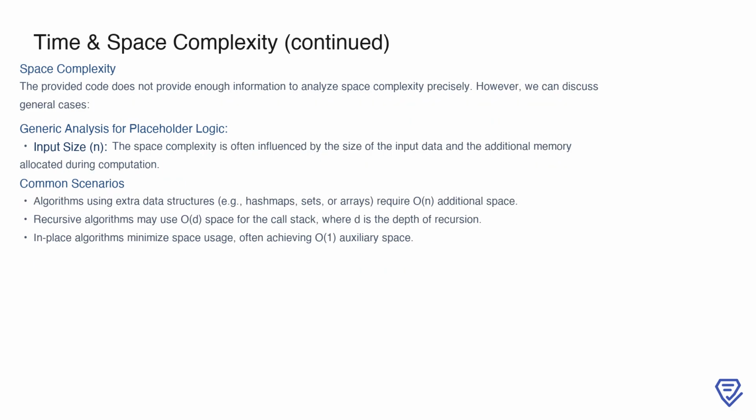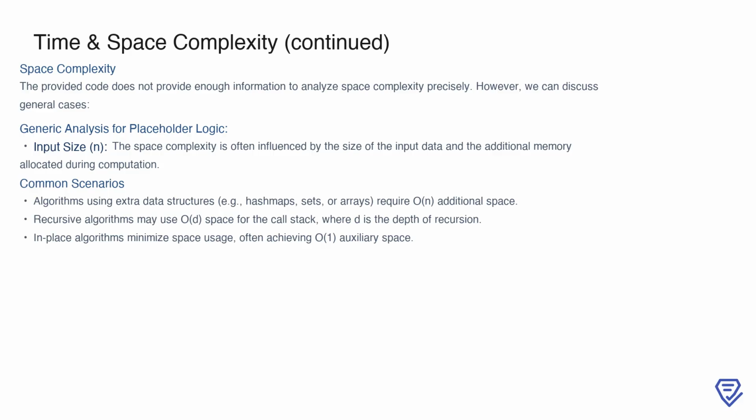Now, let's shift our attention to space complexity, which measures the memory usage of an algorithm relative to the input size. While we don't have the specific code for problem number 2175, we can still discuss general cases. Space complexity is influenced by both the size of the input and the additional memory used during computation. For instance, if an algorithm utilizes extra data structures like hash maps, sets, or arrays, it will generally require O(n) additional space.